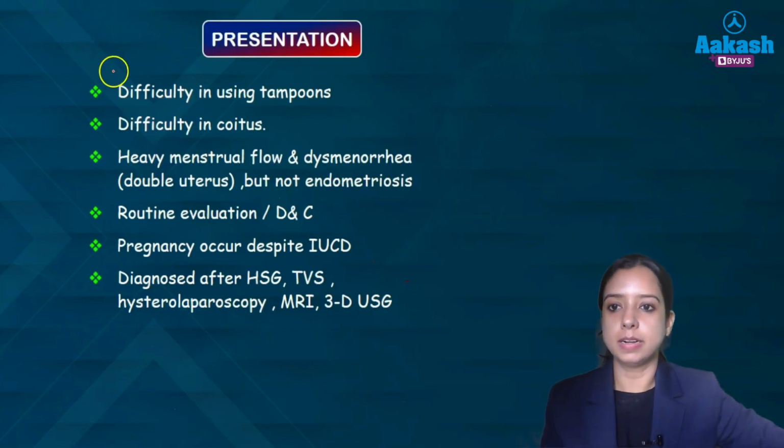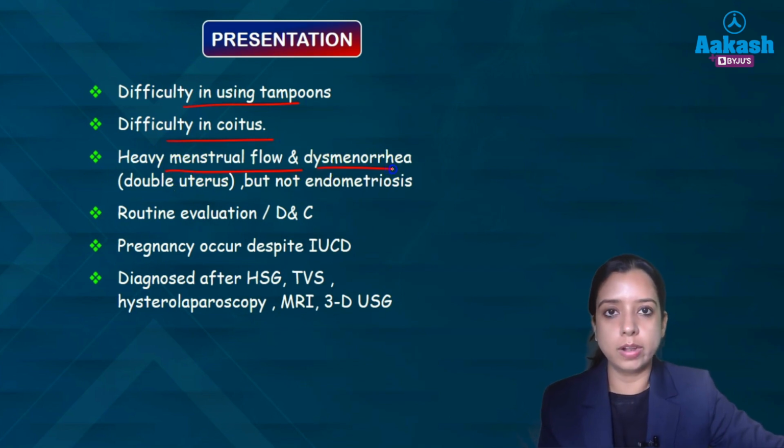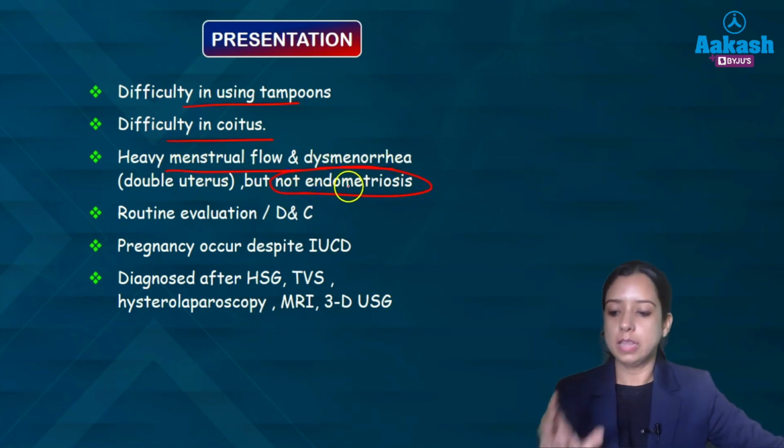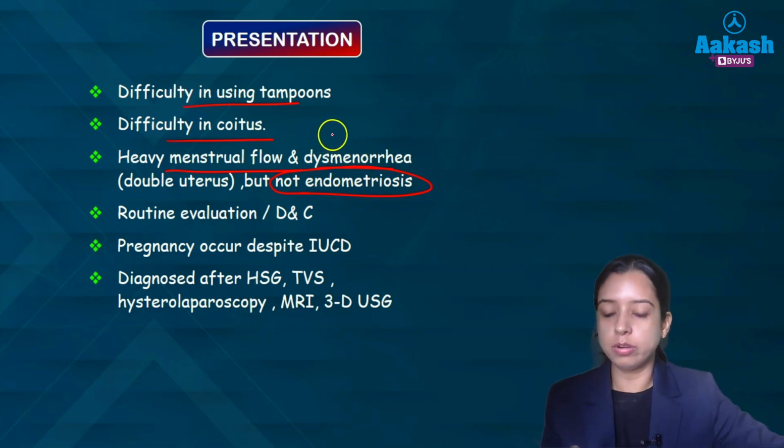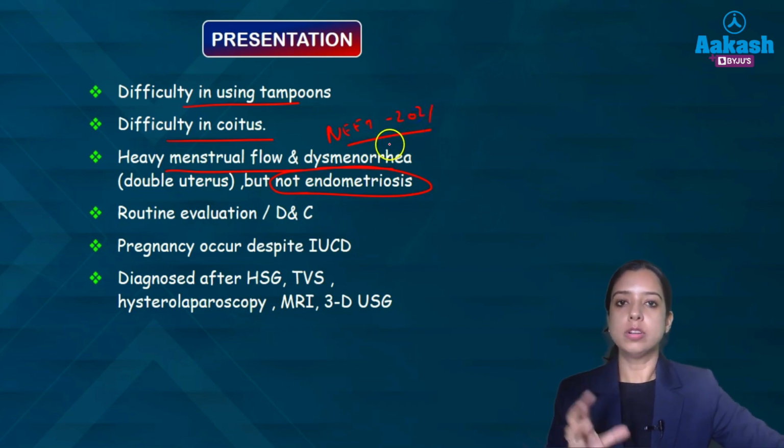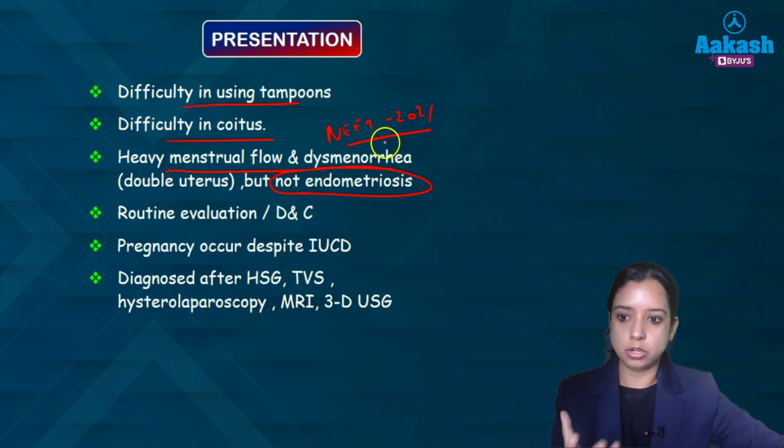How will the patient present? The patient will have difficulty in using tampons. Patient will have difficulty in having coitus. There are 2 uterine cavities, so there will be heavy menstrual flow and dysmenorrhea, but there will be no endometriosis. Why am I mentioning that? A question was asked on uterine didelphys in NEET 2021. The question was, what are the complications in a patient of uterine didelphys?